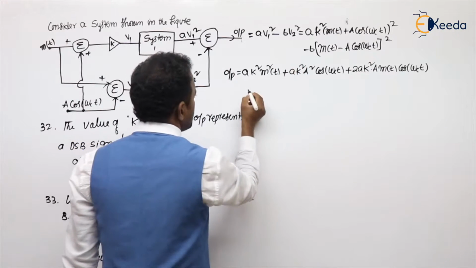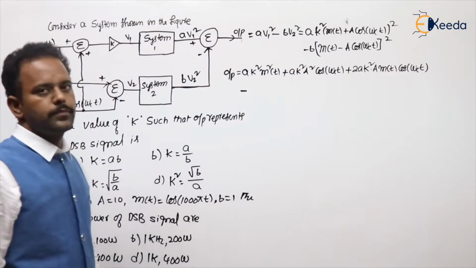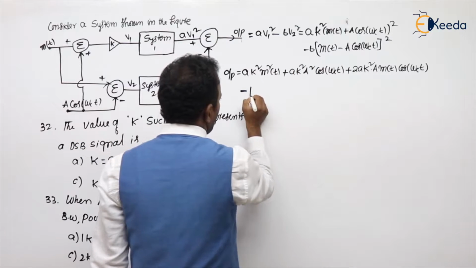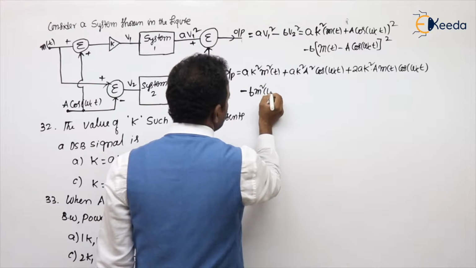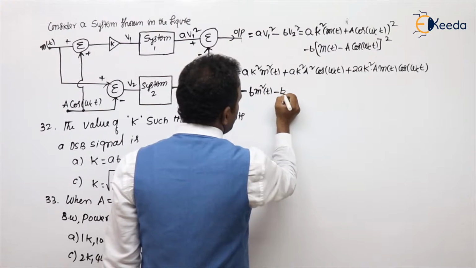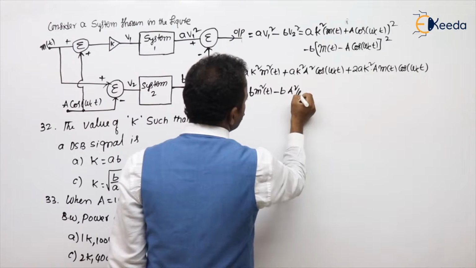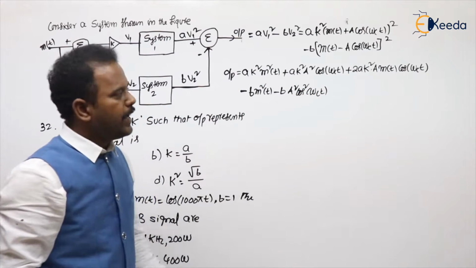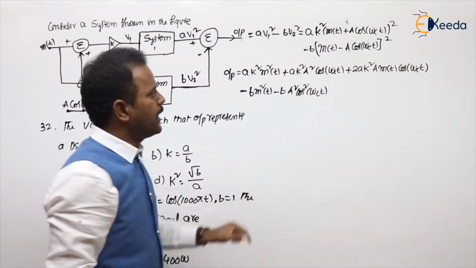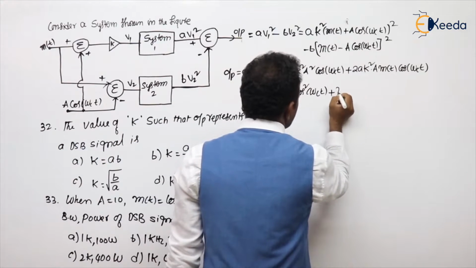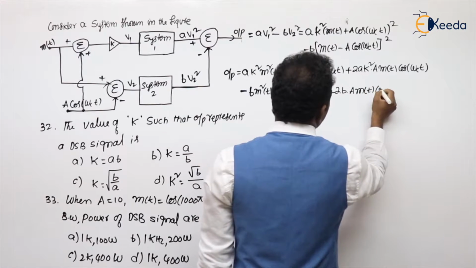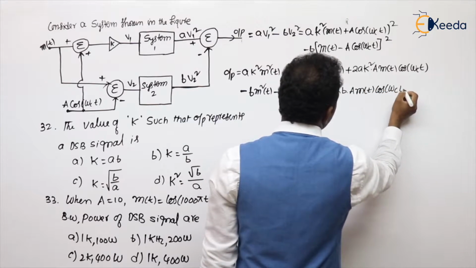Next, minus (a minus b) whole square. In the (a minus b) whole square formula, a square, b square cos square omega ct, minus 2ab. Already minus will be plus, so 2 into b into a into m of t into cos omega ct.